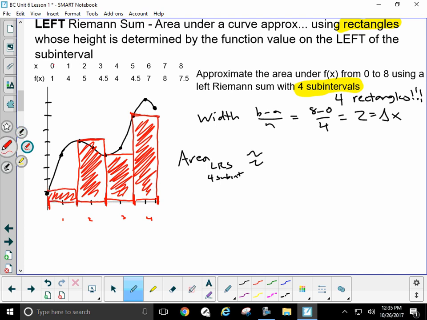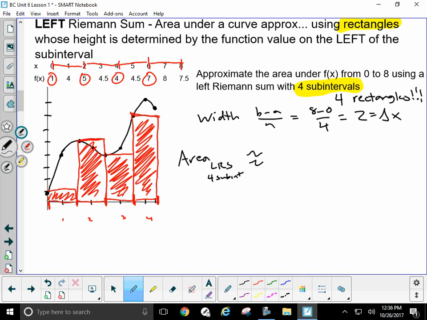Go ahead and lay down the bases on top of your table as well. 0 to 2, 2 to 4, 4 to 6, 6 to 8. And you can actually circle the function value over the leftmost height in each one. 0 to 2, I'm using 1. 2 to 4, I'm using 5. 4 to 6, I'm going to use 4. 6 to 8, I'm using 7.